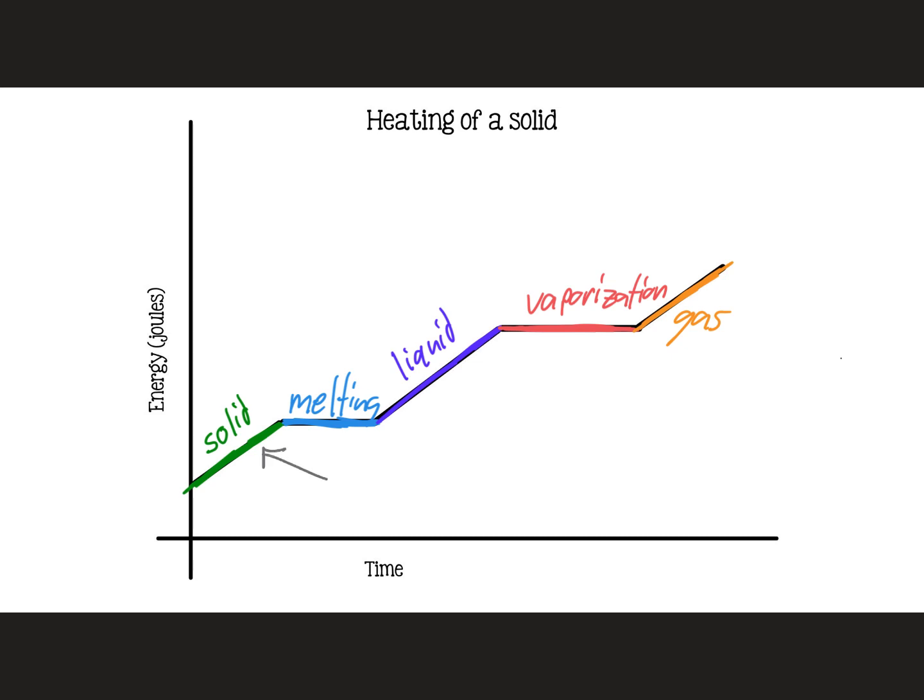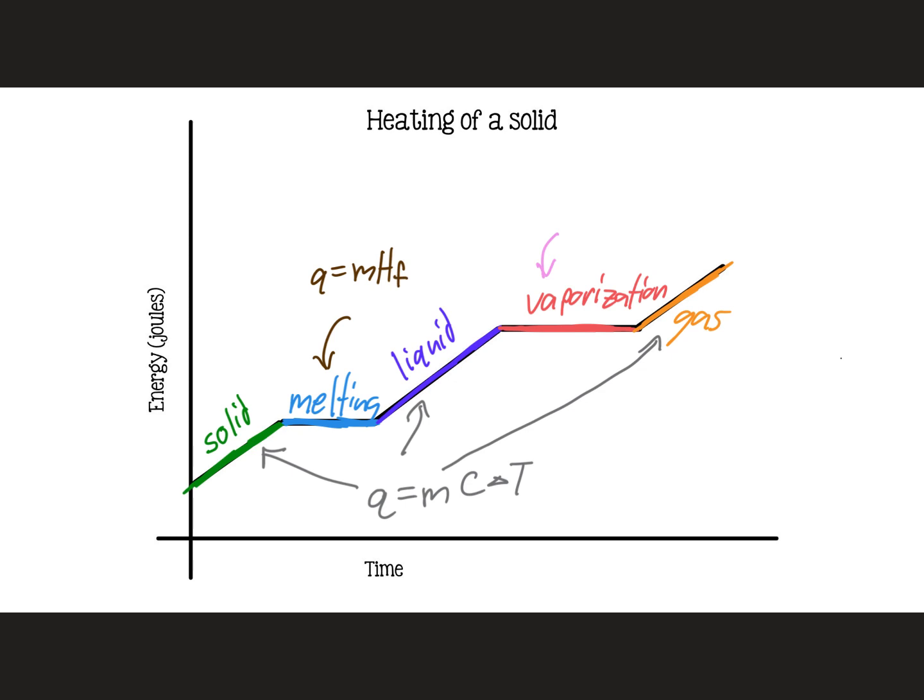When the temperature of the substance changes, so when we have the solid increasing temperature, the liquid increasing temperature, or the gas increasing temperature, we use the equation Q equals mc delta T because delta T means change in temperature. When going from a solid to a liquid, so melting, we're going to use the heat of fusion because heat of fusion goes from solid to liquid or vice versa.